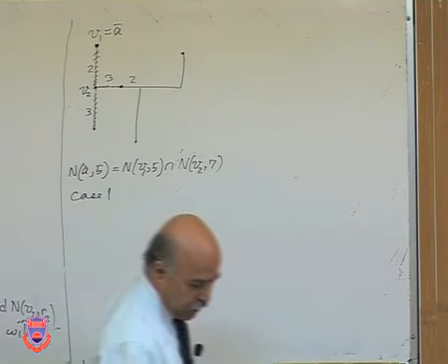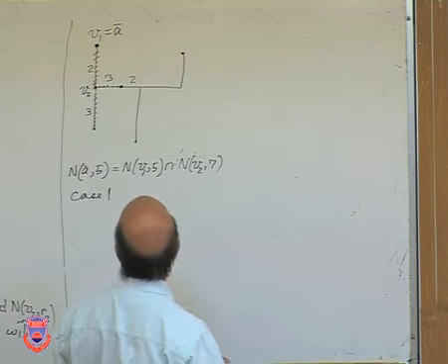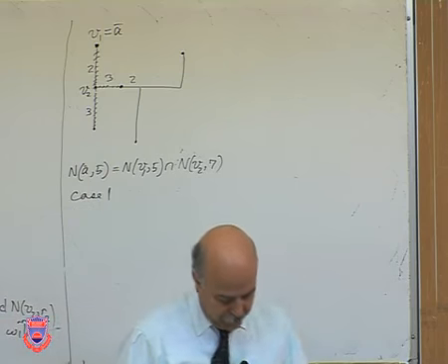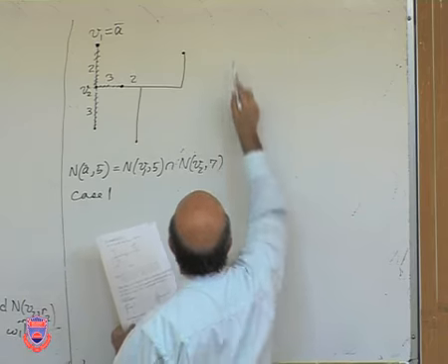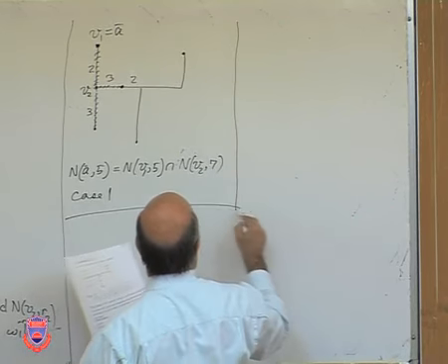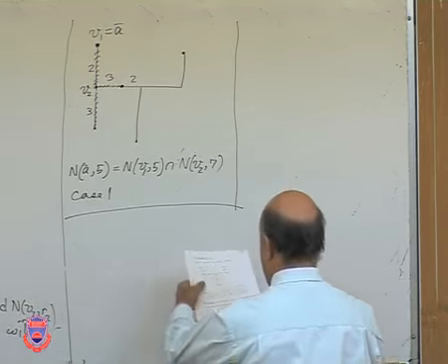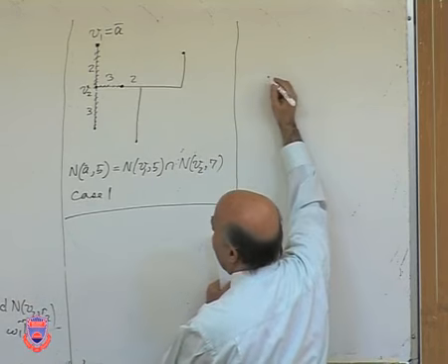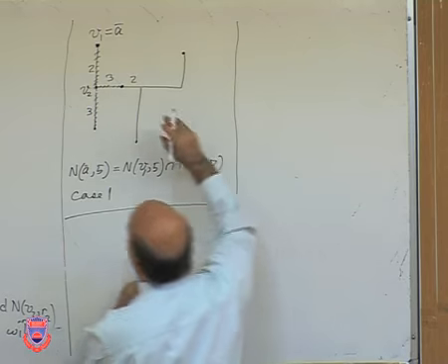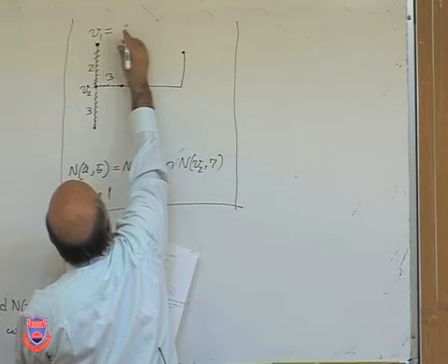Now, what else do we intersect the next one. Let me call this V2 bar.